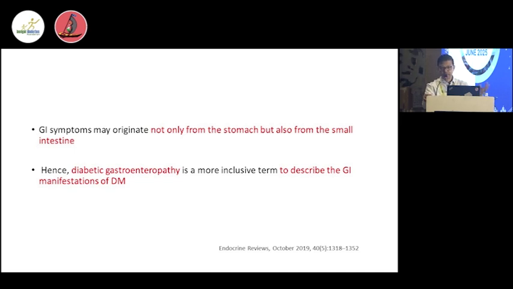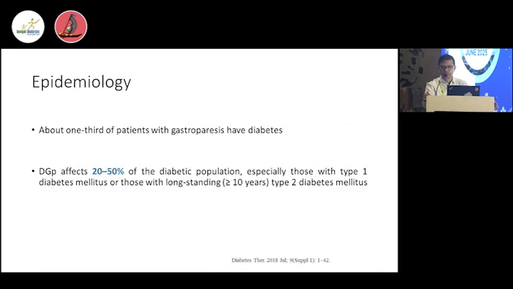Now, in general, gastroparesis, not just diabetic gastroparesis, about 1/3 of patients with gastroparesis have diabetes. And diabetic gastroparesis affects around 20 to 50% of diabetic populations, more in type 1 diabetes and also in type 2 diabetes with a longer duration, at least around maybe 10 years of diabetes duration. Female sex and obesity are high risk factors, and thankfully, at least in one case scenario, alcohol and smoking are not necessary.